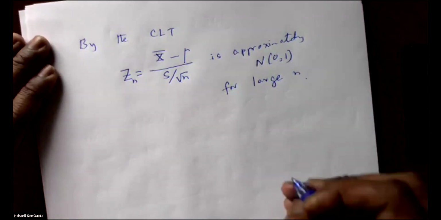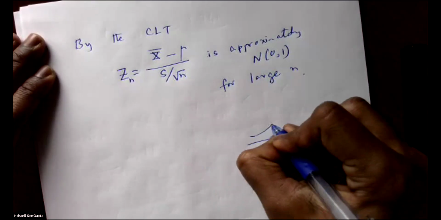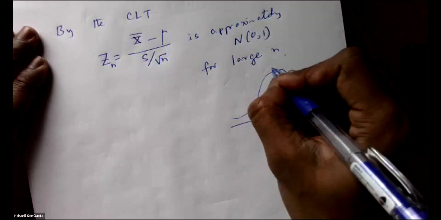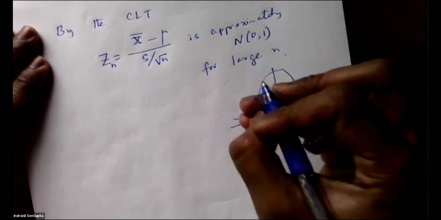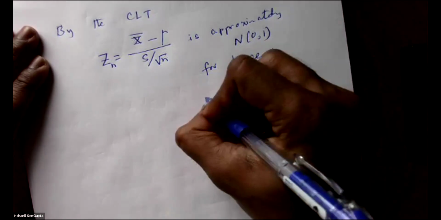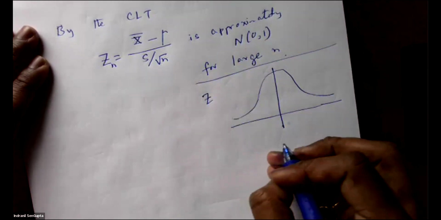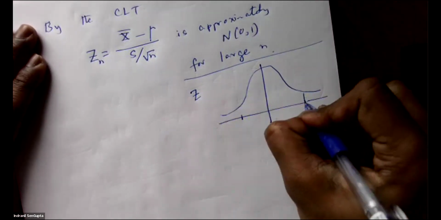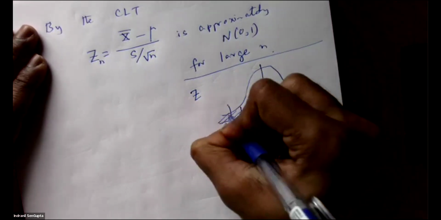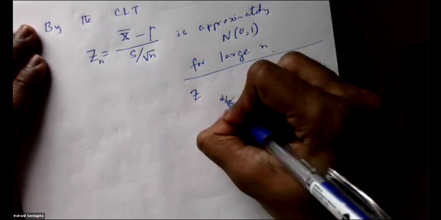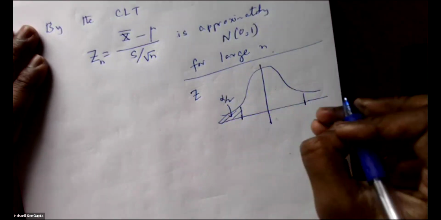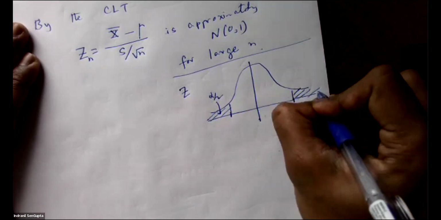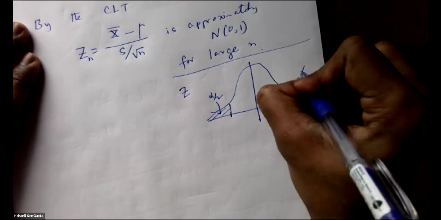Let me remind you, since we have done this many times in previous classes, like in Stat 311, I will not discuss this in detail. There's a standard normal distribution, so this is a Z. Suppose this area is alpha over 2. Then this is also alpha over 2 due to the symmetry.